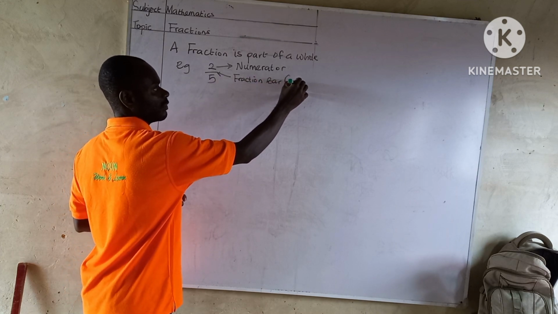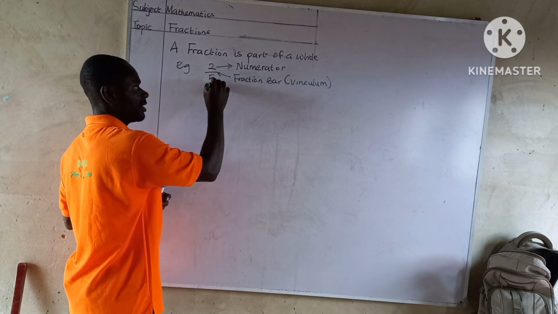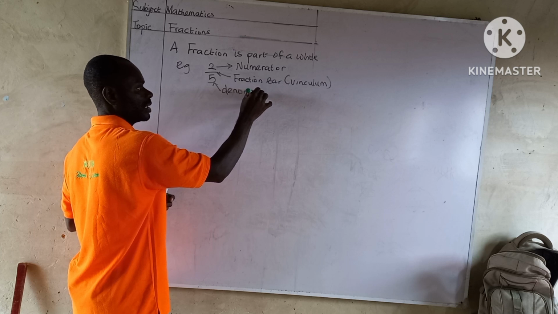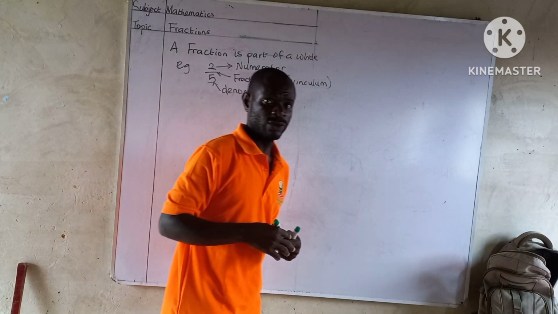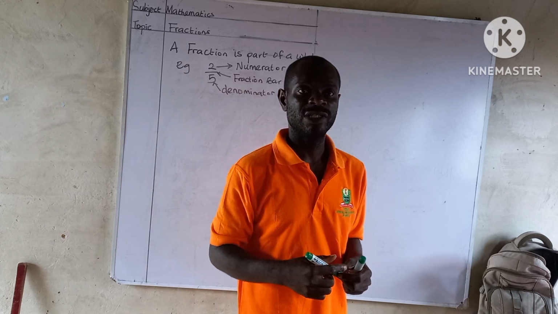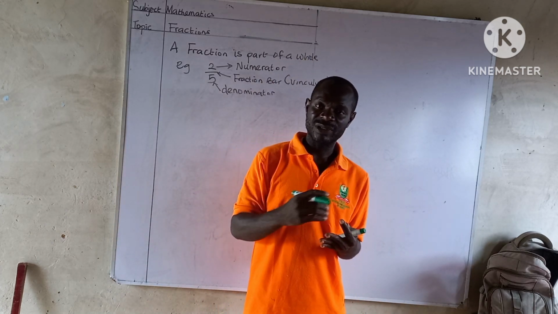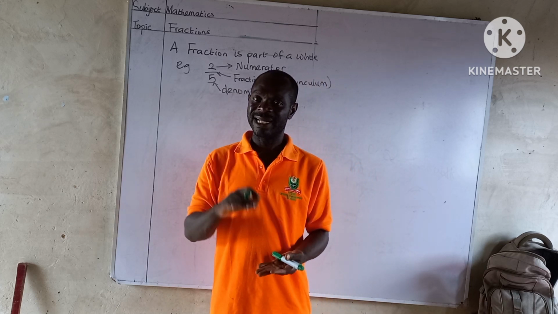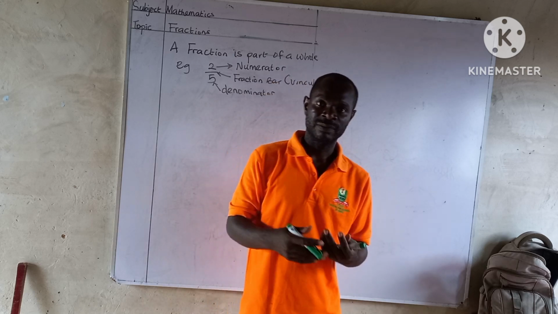It can also be called the vinculum. And 5 is the denominator. 5 is the denominator, 2 is the numerator. That line that separates the numerator and the denominator is called the fraction bar. And the number below the line is known as the denominator.